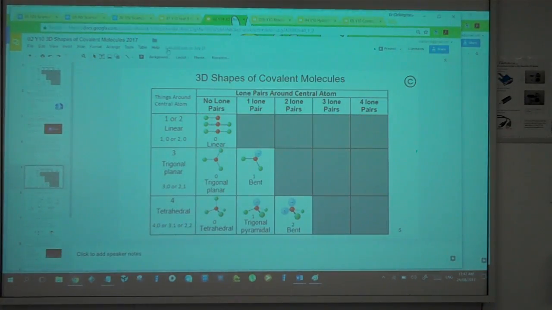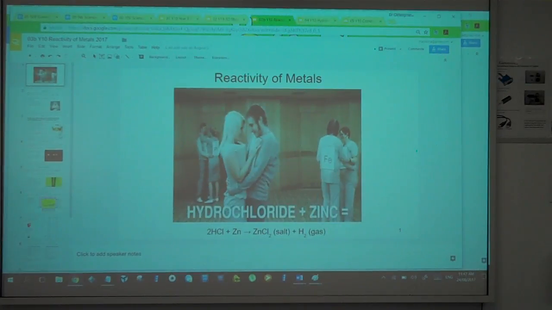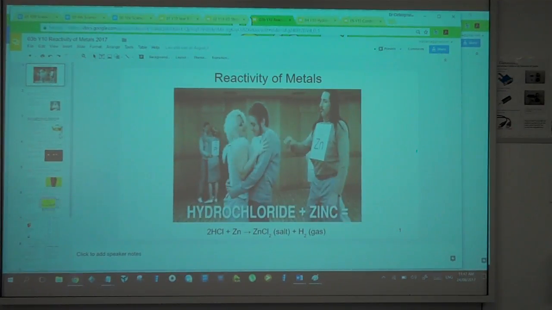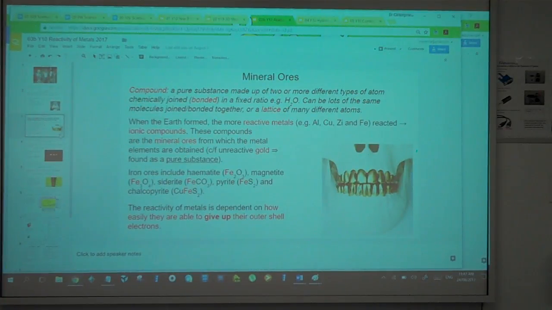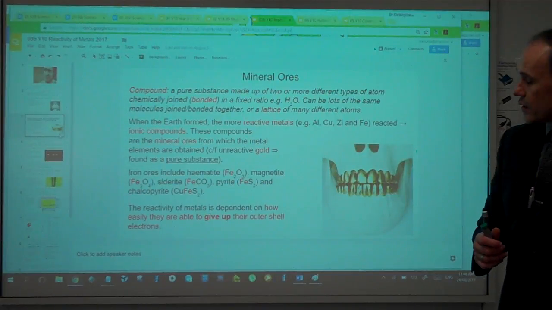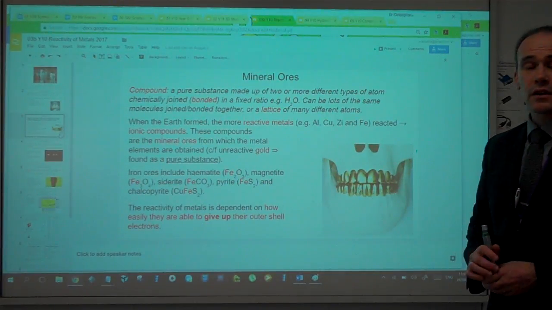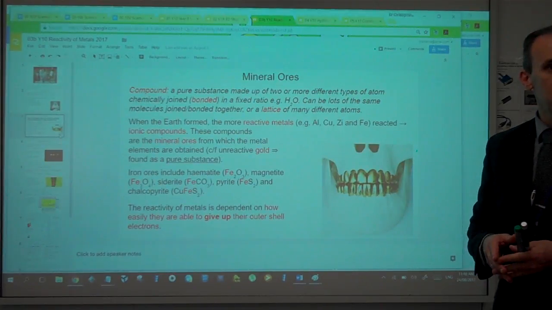Okay. Now, next, reactivity of metals. We looked at this. And the key point, there's a couple of key points. 1, in nature, you only find things like gold lying around on the ground because it doesn't react.